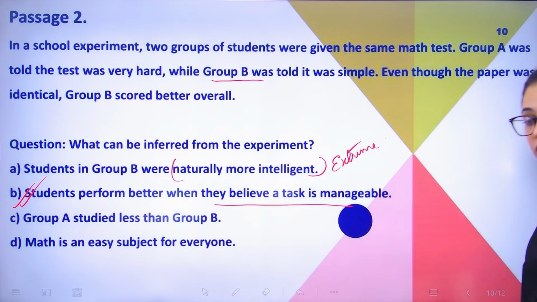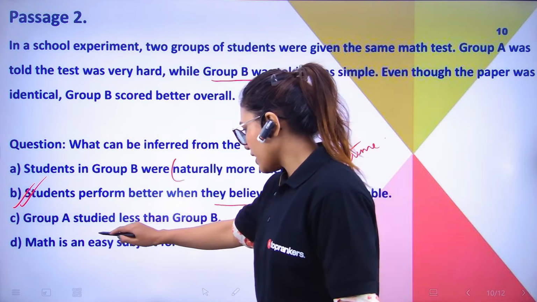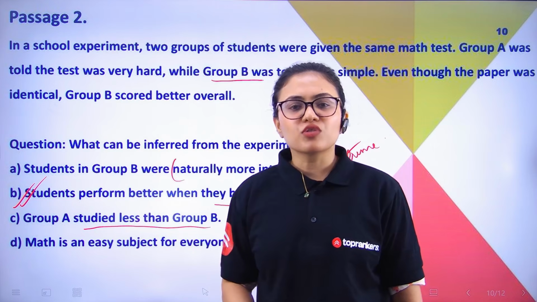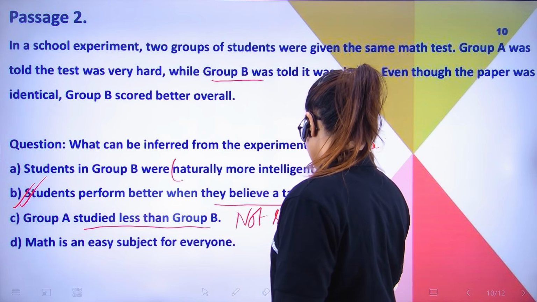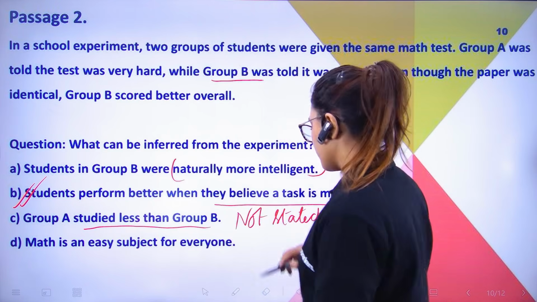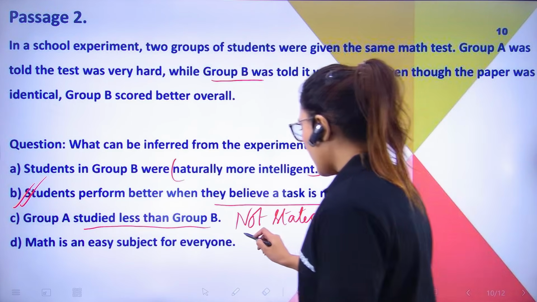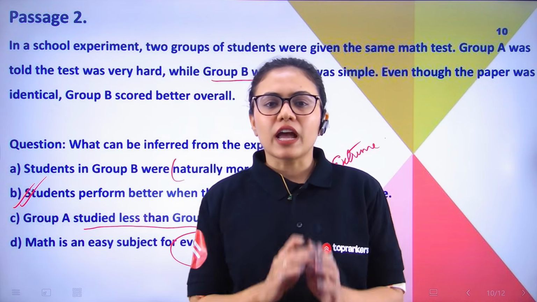And if we talk about option C, Group A studied less than Group B, another piece of information which is not stated. And this is more of an assumption, not an inference. ठीक है? Math is an easy subject for everyone. And if that would have been the case, then the test would have been easy for every group.